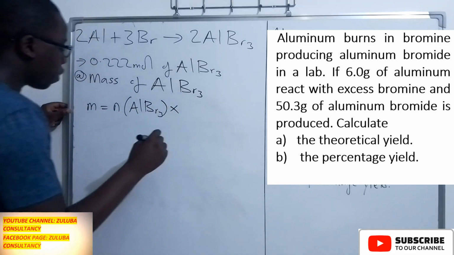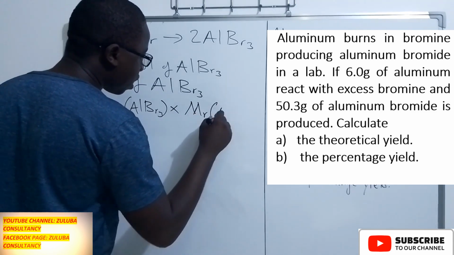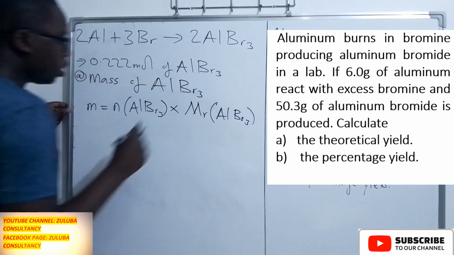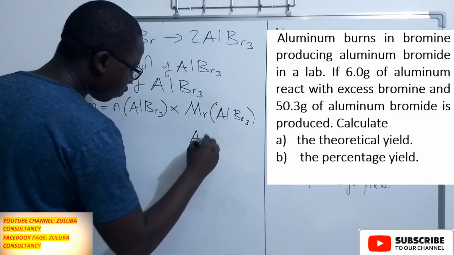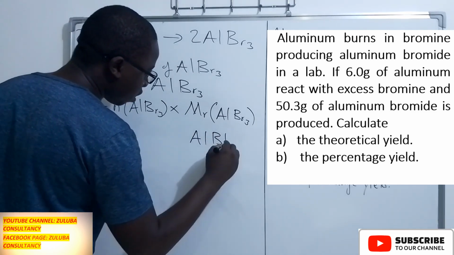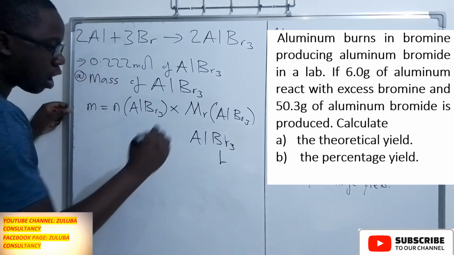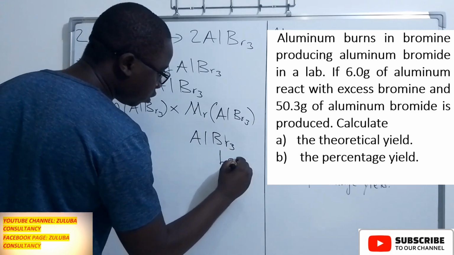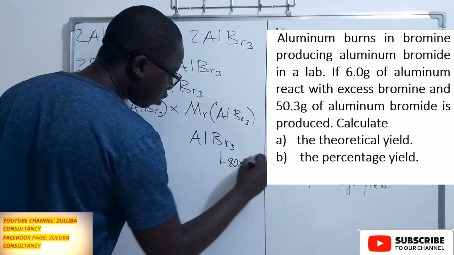multiplying it with the molar mass of aluminium bromide. So we need to know the molar mass of aluminium bromide. So we have aluminium bromide there. The bromine has the relative atomic mass of 80 multiplied by 3. It gives us 240.